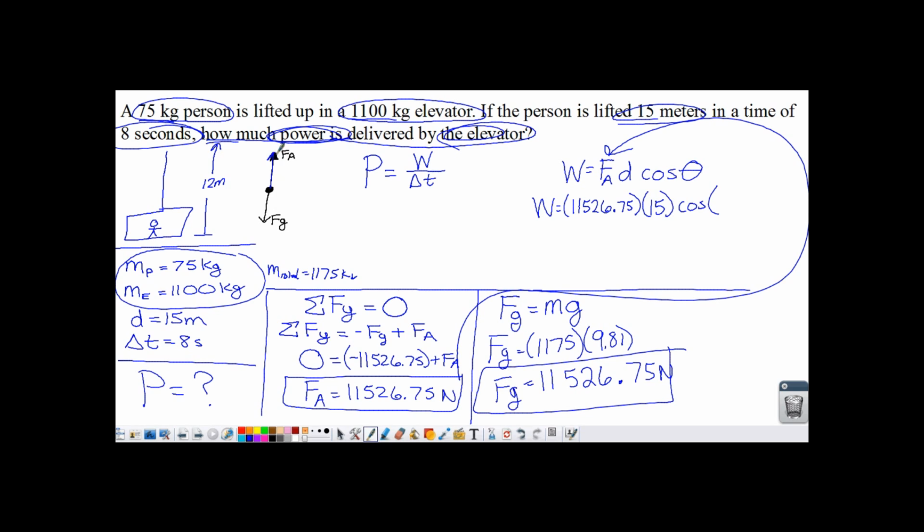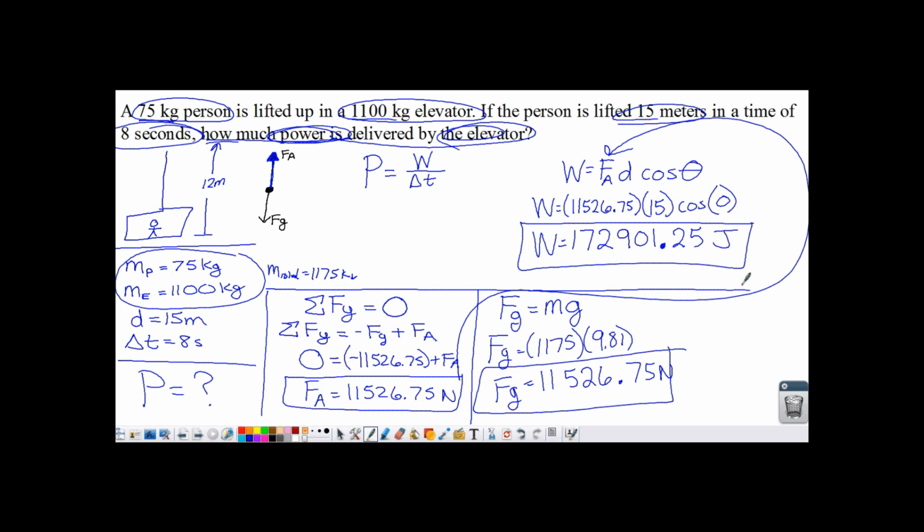Well, the force is pointing upward and the elevator moved upward. So that angle is 0. Cosine of 0 is 1. Go ahead and multiply this together. We find that the amount of work done is 172,901.25 joules.